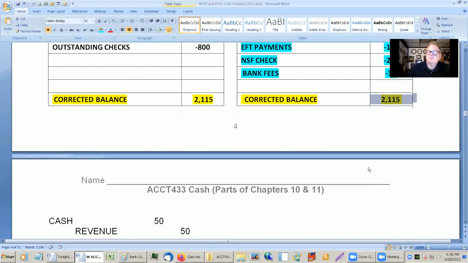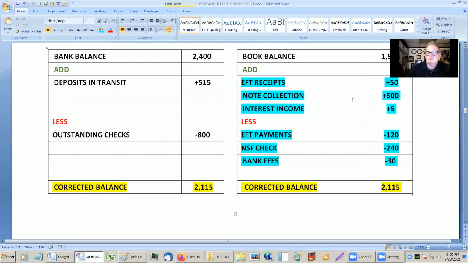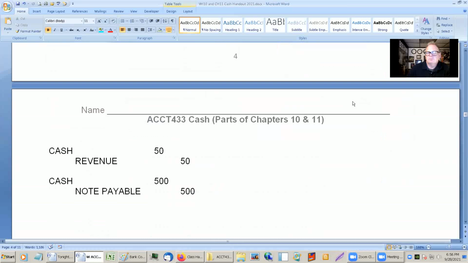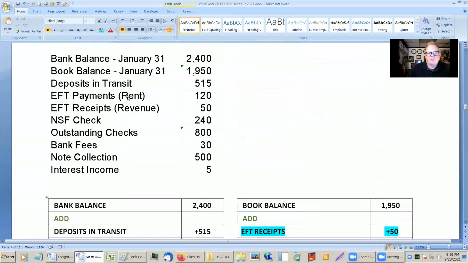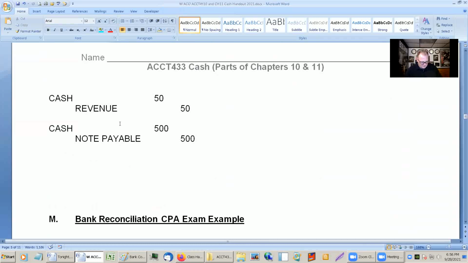So I have a question. With the deductions, it's always going to be the cash, and so cash and EFT payments is going to be the reverse of the arrangement, right? Well, we got to look at whatever it's for. For instance, this one, the EFT payment is for rent. Oh, okay. So this would look like rent expense for, what was it, 120?